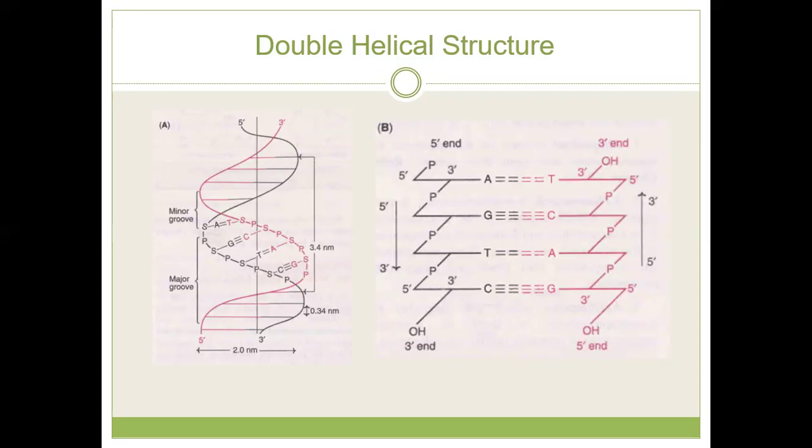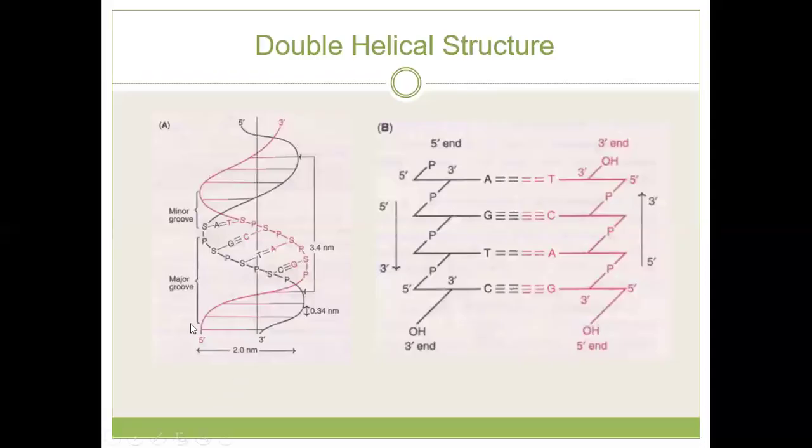Rather, it forms a helical structure. And this helical structure is such that 1 turn, 1 cycle comprises about 10 nucleotide base pairs, and it is about 3.4 nanometer in length, which is equivalent to 34 Angstrom.